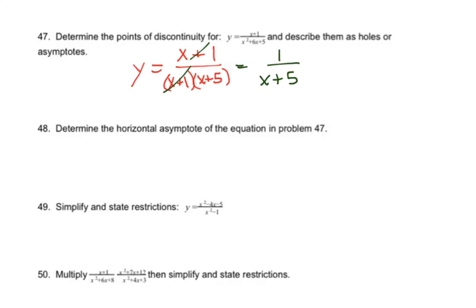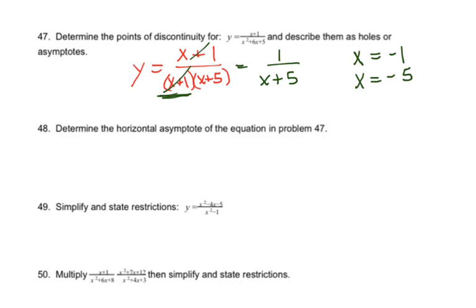Points of discontinuity, x can't equal -1, or if we want, depending on how it's phrased, what can x not be. They want what are the points of discontinuity. X equals -1 is a discontinuity, and x equals -5, both from the denominator.